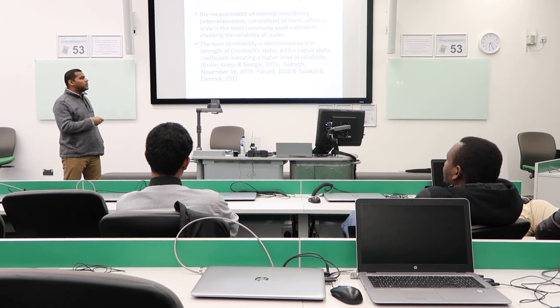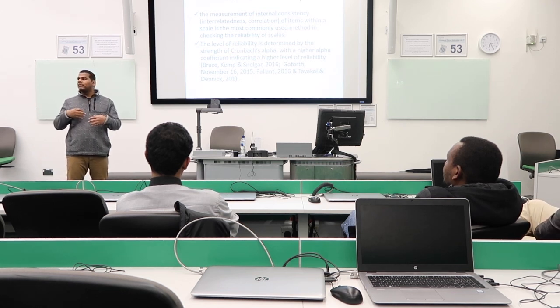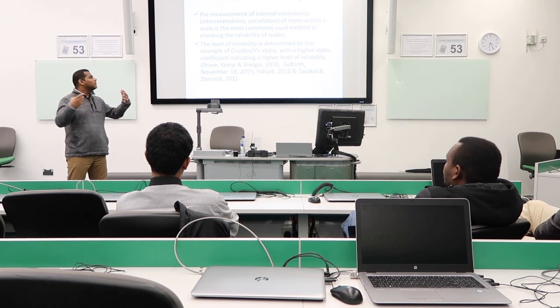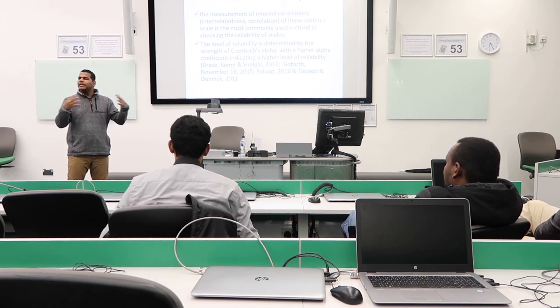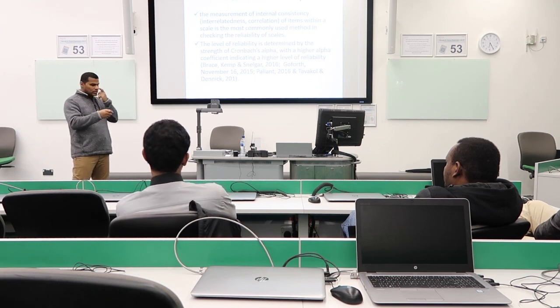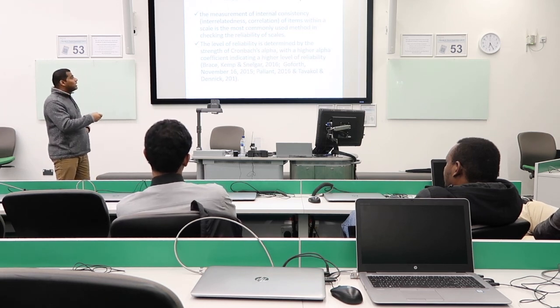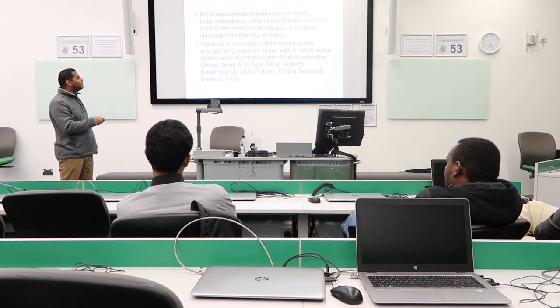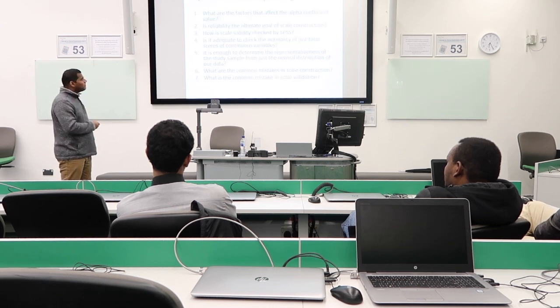When you say the internal consistency of my scale is high, it means the items are highly interrelated with each other. The level of reliability is determined by the strength of Cronbach's alpha, with a higher coefficient indicating a higher level of reliability.